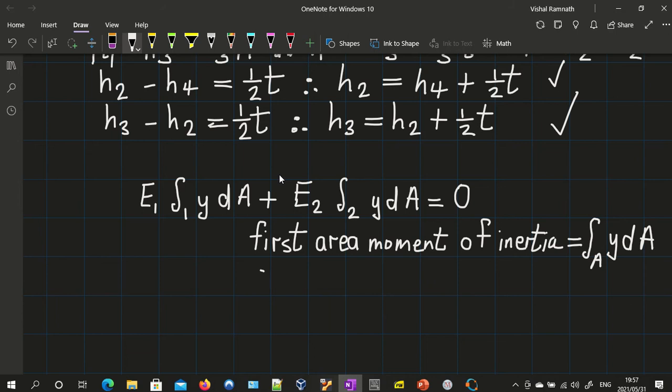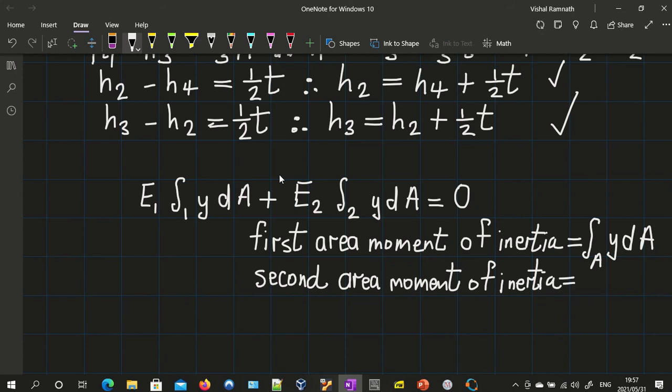And then, of course, the second area moment of inertia. These are two different things.